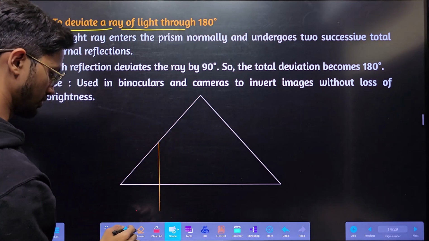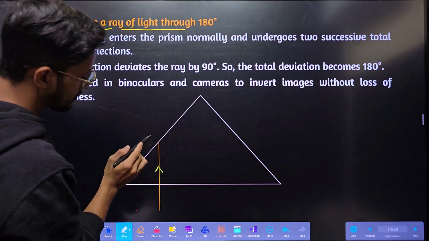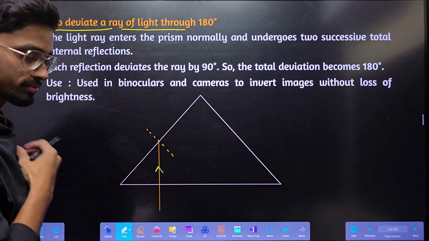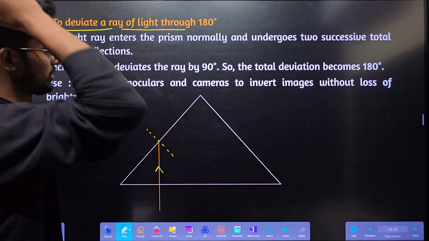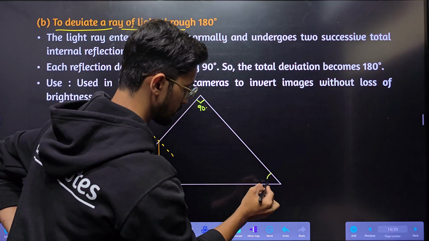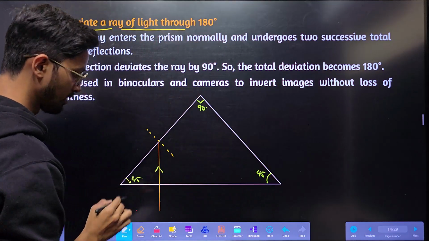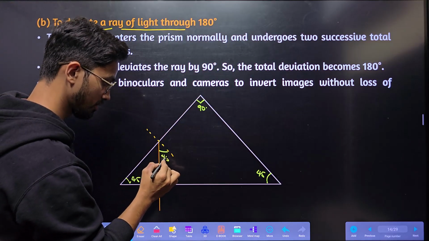Okay, the ray is going like this. Now, how much will be this angle? This is 90, right? This is 45, and this will also be 45. Here this is 90, so this is 45. This will also be 45 degrees.